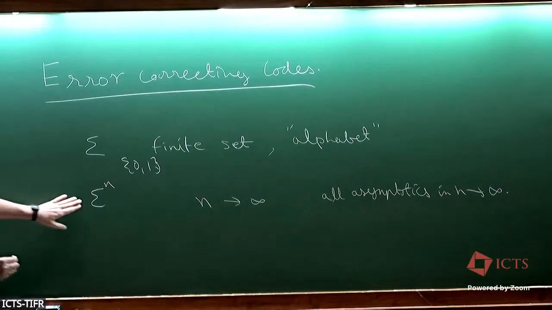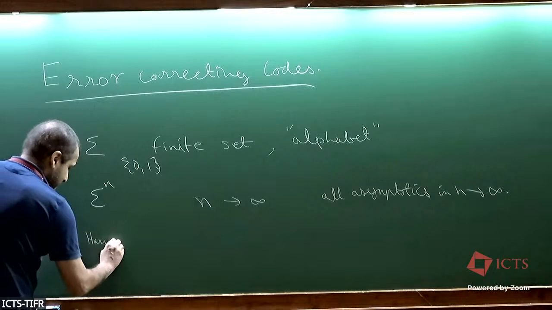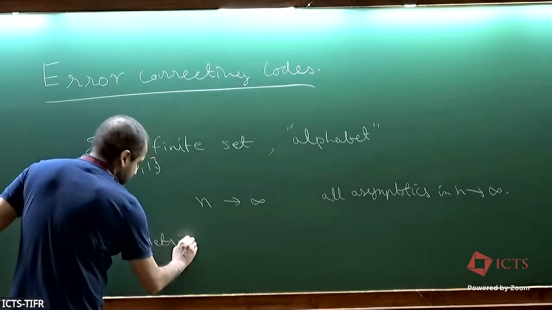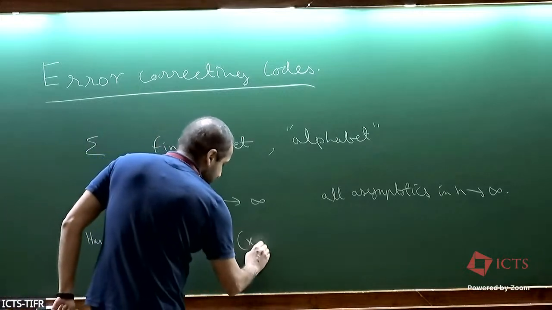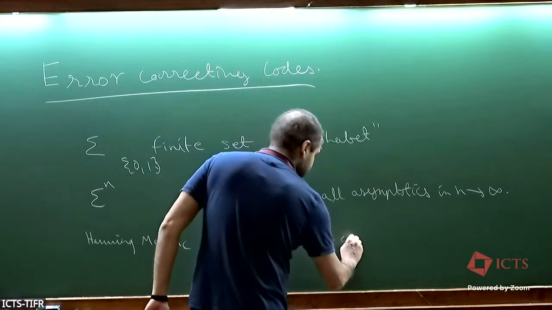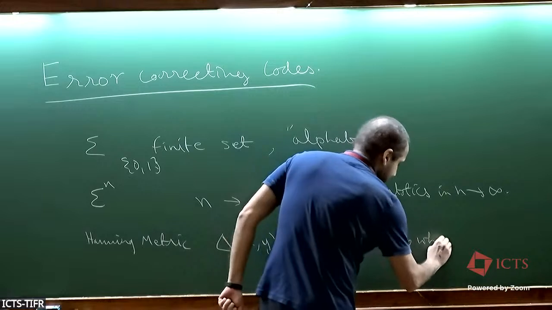Sigma to the n comes with a natural metric, the Hamming metric, where the distance between two strings x and y is the number of coordinates where x and y differ.